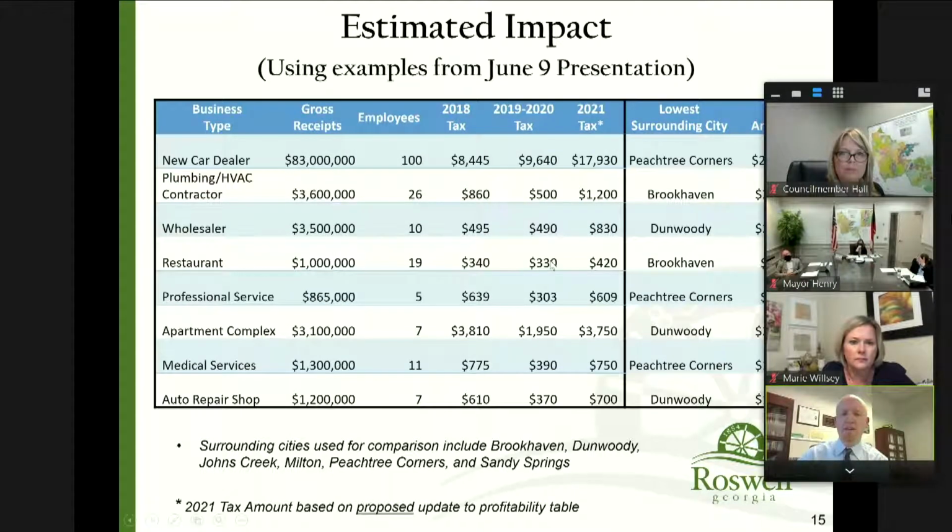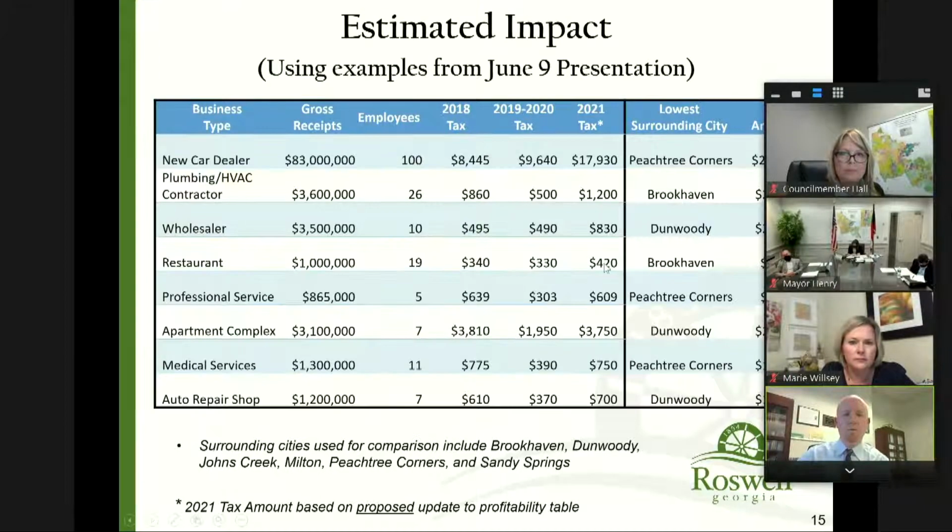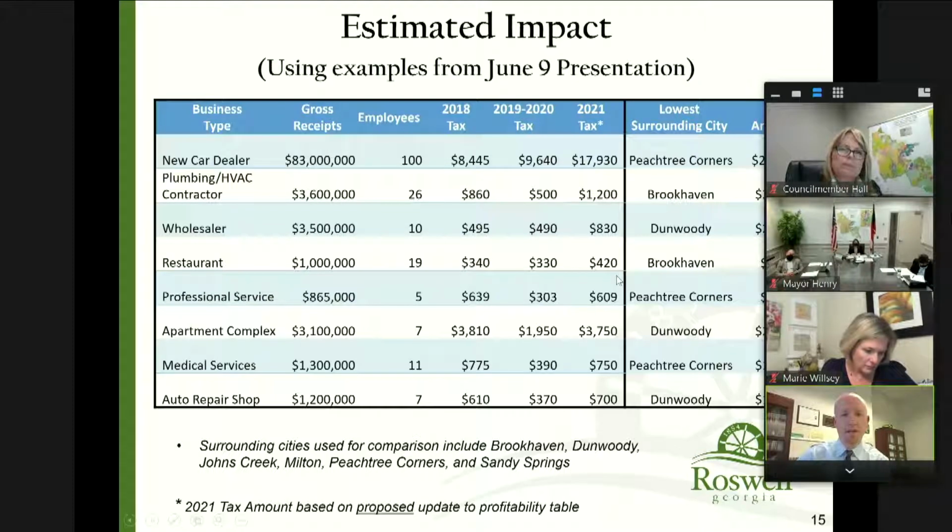That's primarily because they're one of the NAICS codes that didn't change. The profitabilities didn't change enough to push them into any other tax class. If these new tables were implemented based on the updated profitabilities, they would be pushed one tax class above where they are today, which explains the increase to $420.